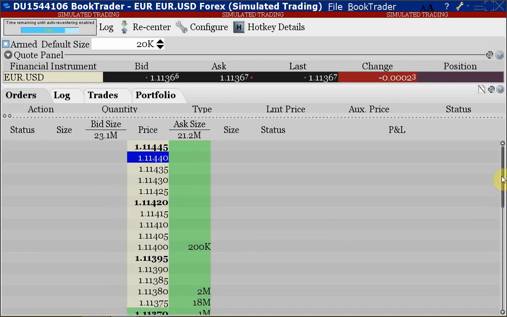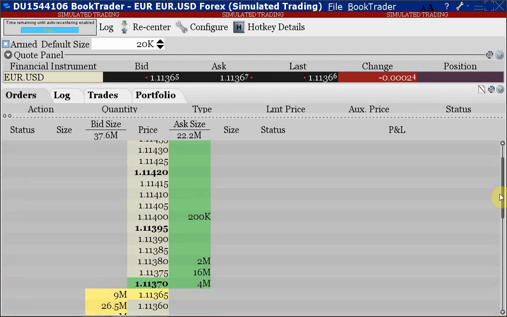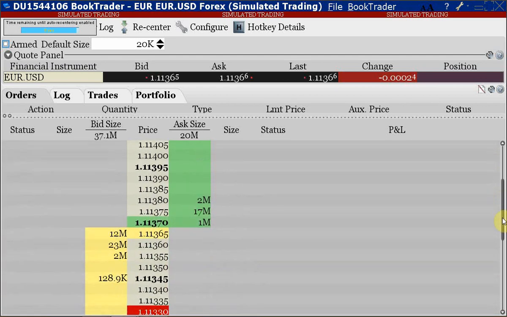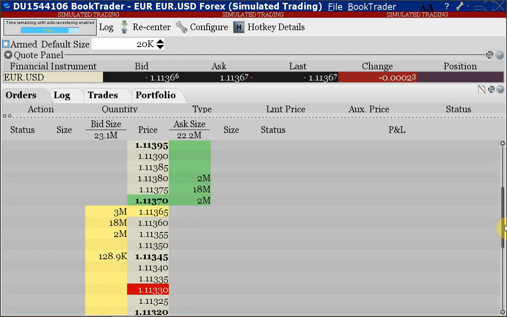You can see all this if you want to go all the way back, but in general you want to stay close to where the market is, right? This is where the market is. Are you following? This is a display of the full market depth.